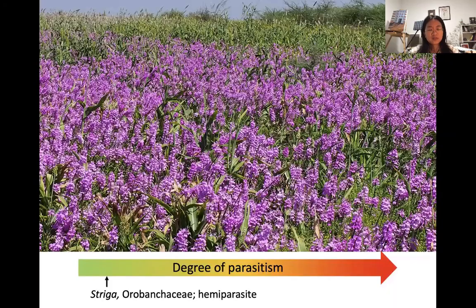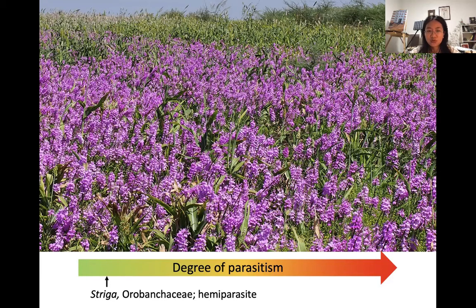So first of all, Striga. Striga, the common name is witchweed. It's a genus in the Orobanchaceae family. The plant is shown here. They are these really beautiful purple plants with green leaves. That means these plants are hemiparasitic.